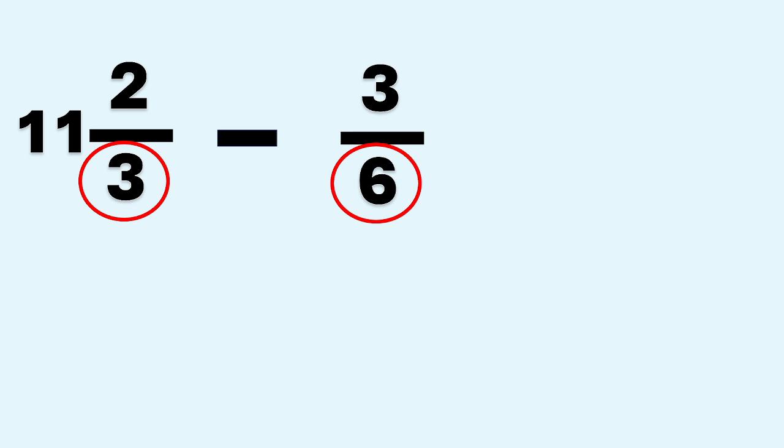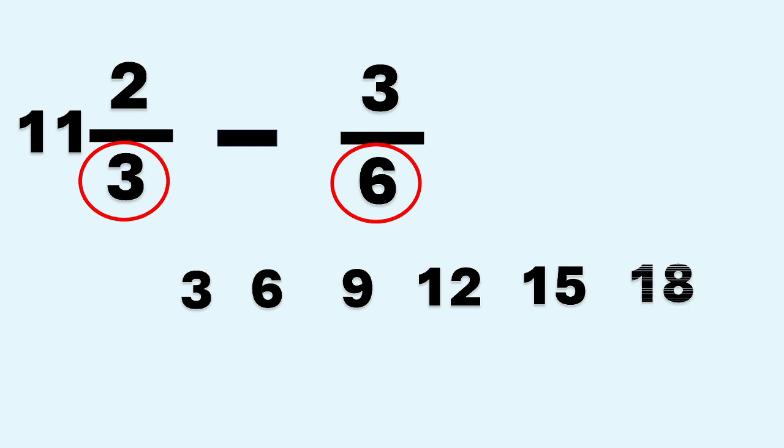So the multiples of 3, we have here 3, 6, 9, 12, 15, 18. The multiples of 6: 12, 18. No need to go on once you find the LCM. So we have here 18.